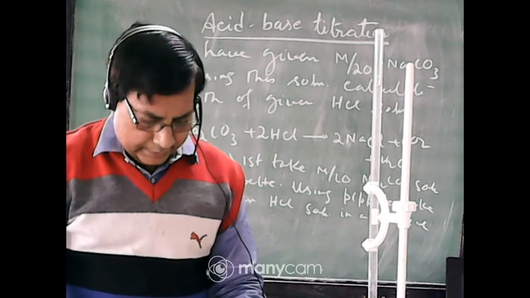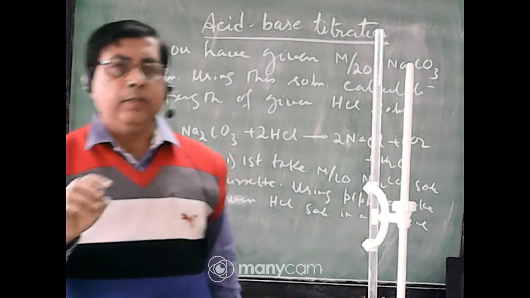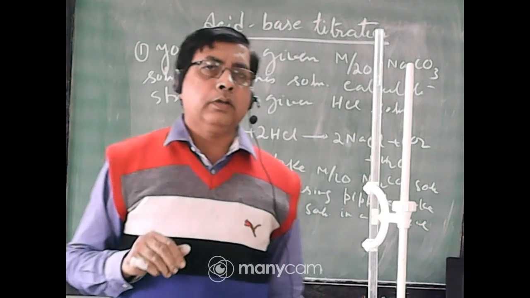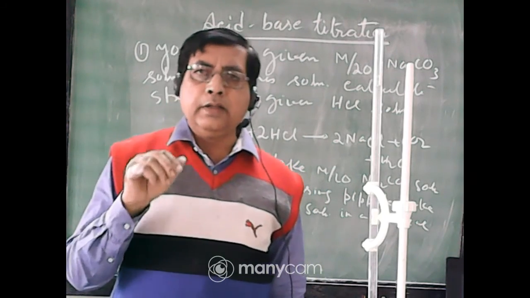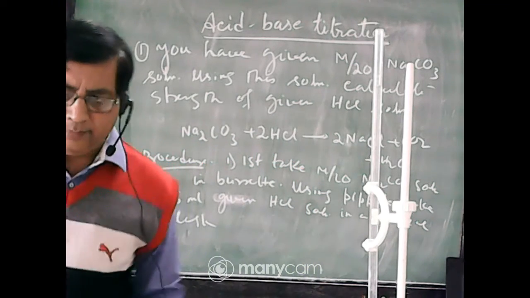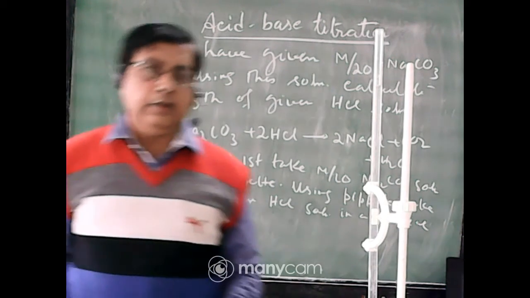Then you add an indicator. You know the acid base indicators like phenolphthalein, blue litmus, methyl orange. By changing the color, they decide the end point of titration. Here in this titration we take the acid base indicator phenolphthalein.